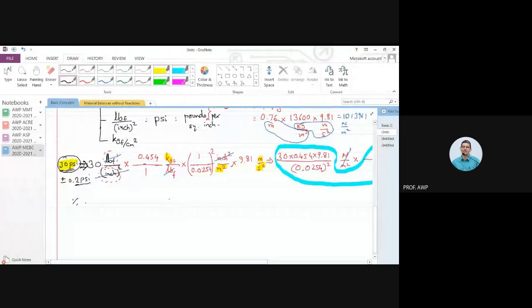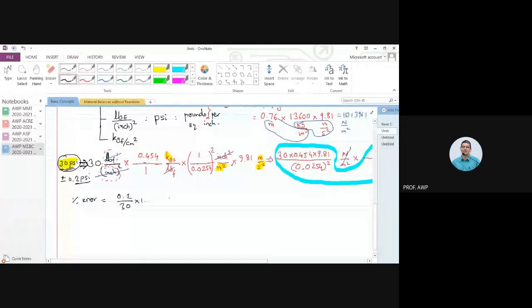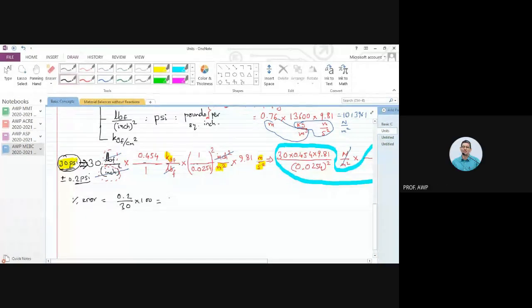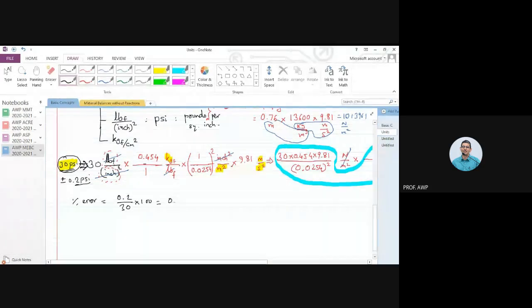The percentage error that we have made is 0.2 divided by 30 into 100. Let's just calculate that. It is 0.67%, or let's just say 0.7%.